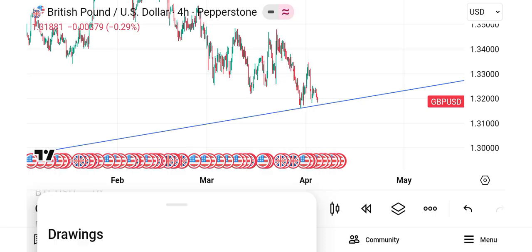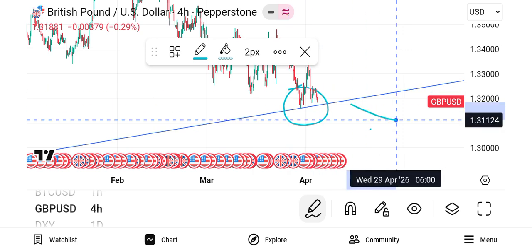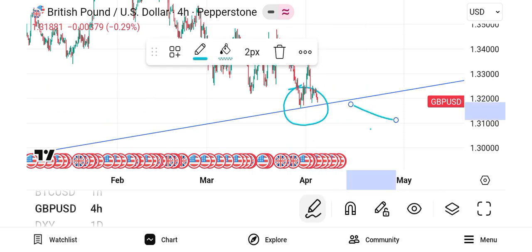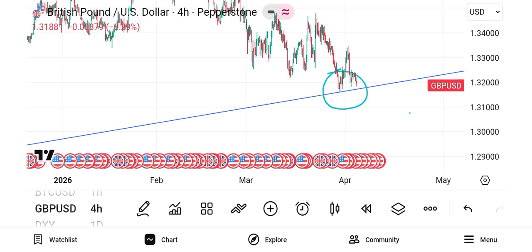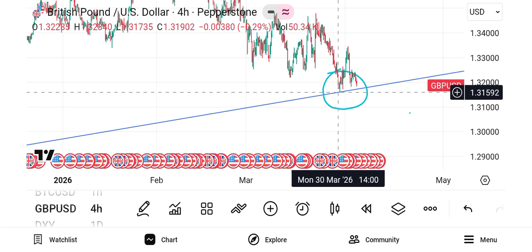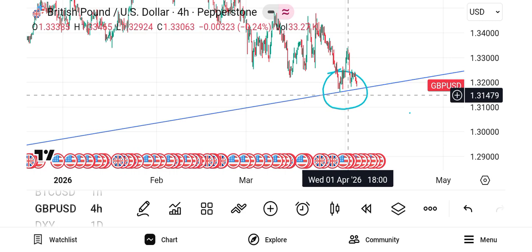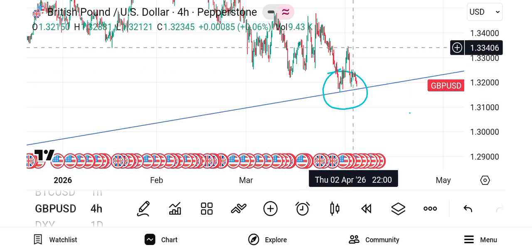You see that price respected the trend line, gave a bounce, tested it, bounced again, and also pushed to the upside.